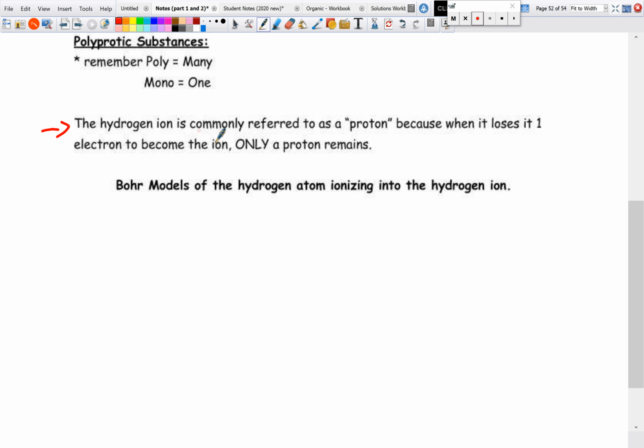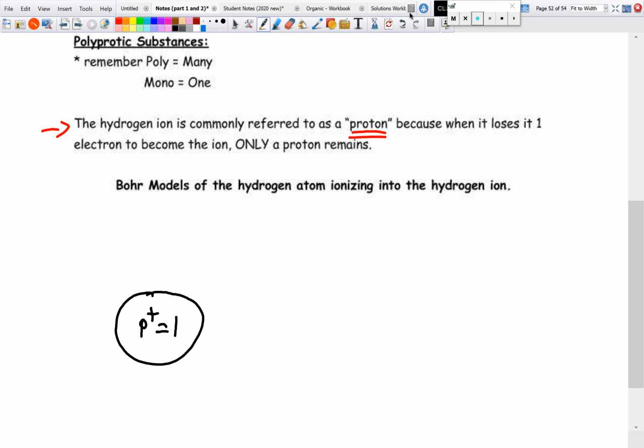Normally the hydrogen ion is commonly referred to as a proton, mostly because when it loses its one electron to become the ion, only a proton remains. Just a visualization of this: if we go back to our Bohr models, the hydrogen atom only has one proton and no neutrons.